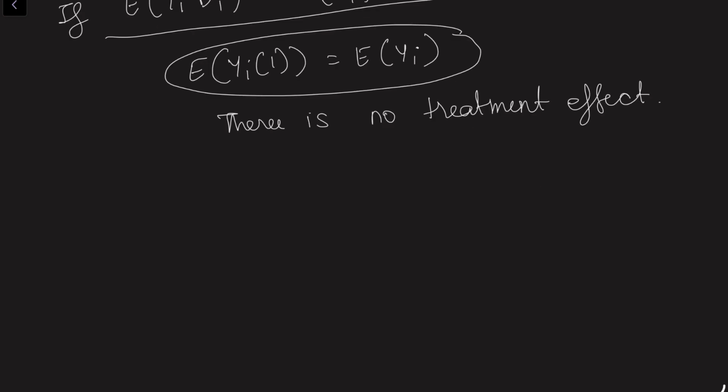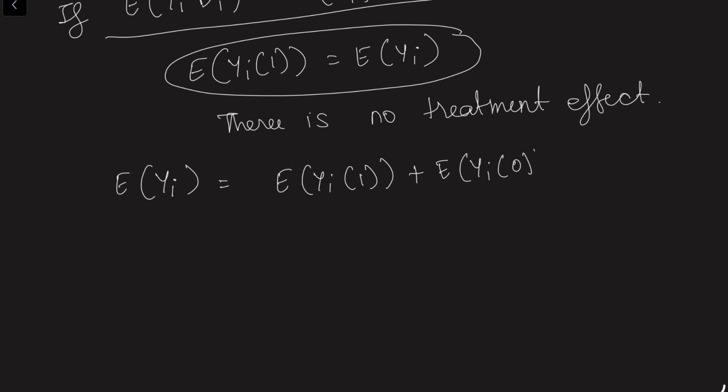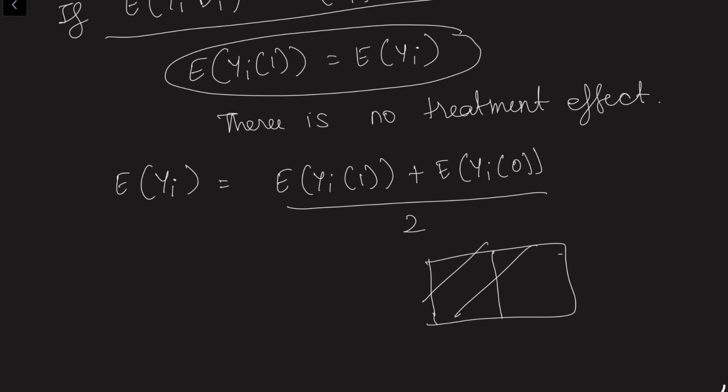A way I can show this mathematically is that the expectation of the observed averages is simply equal to the sum of the expectation of the potential outcome of the treatment group and the expectation of the potential outcome of the control group, divided by 2. It is supposed to be the average of the two. So if you have a group, the total group average is the sum of these individual averages, right? That makes sense, right?